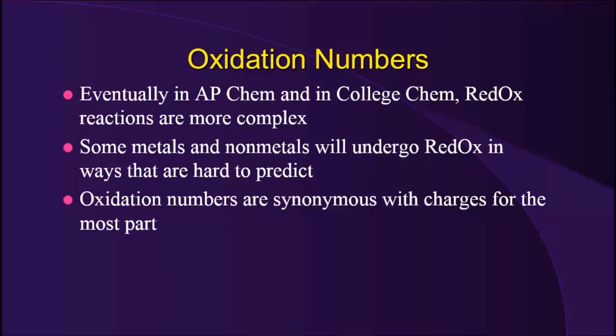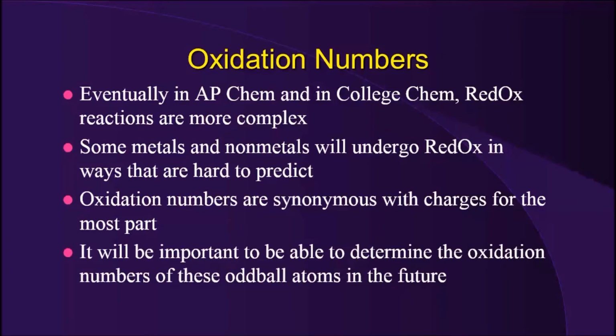They're charges out of convenience. They are the charge that helps us understand what is really going on, when in reality they don't have a charge at all. So oxidation numbers, I like to think of them as imaginary charges. So I'm going to, from now on, give you either ions or compounds and ask you to find the oxidation number of the oddball.